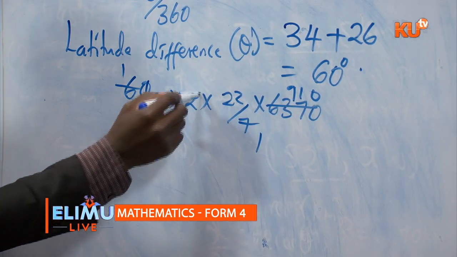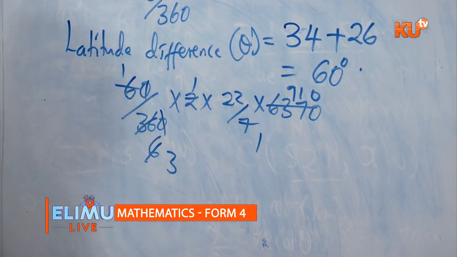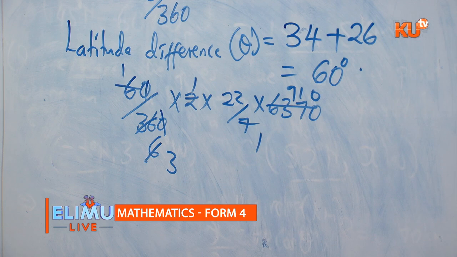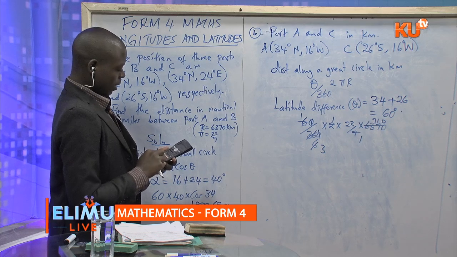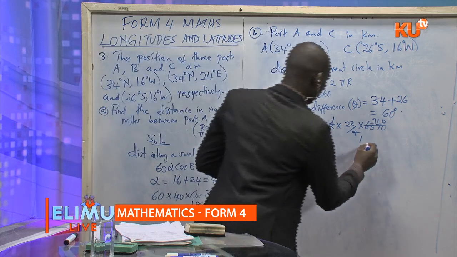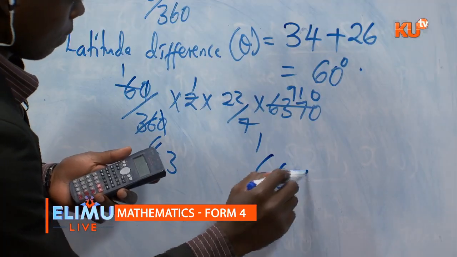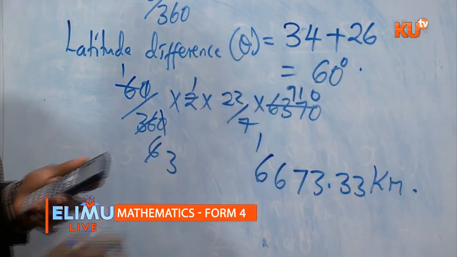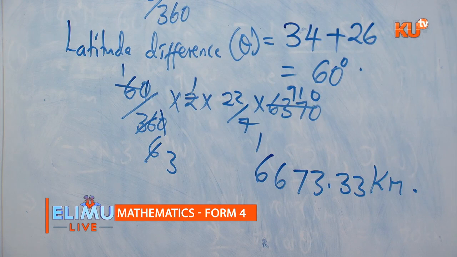And so we have this is 1, this is 3, and so we have 22, we multiply by 910, and then we divide it by 3. So our answer becomes 73.33 kilometers. That is the distance.